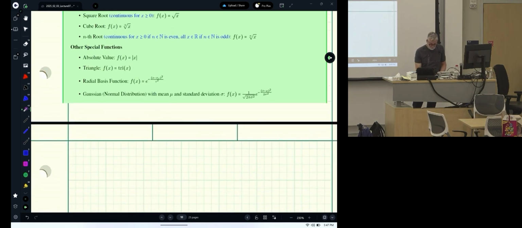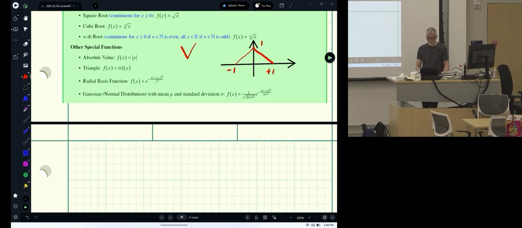And then there's other special functions like the absolute value. And yes, it has a cusp, and that's going to mess up differentiability, but it's still continuous. This is the triangle function. Just don't mess that up. Okay, and so the unit triangle function is -1, +1, and 1, so its area is 1.